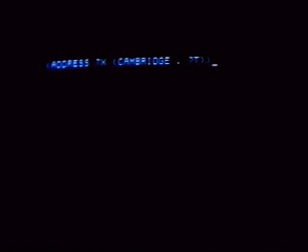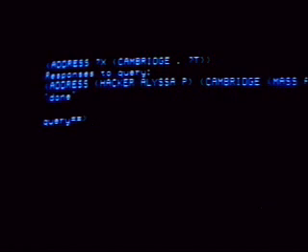Or I could type in who lives in Cambridge. So I can say the address of X is Cambridge dot anything. And only one person lives in Cambridge. Okay, so those are primitive queries, and you see what happens.